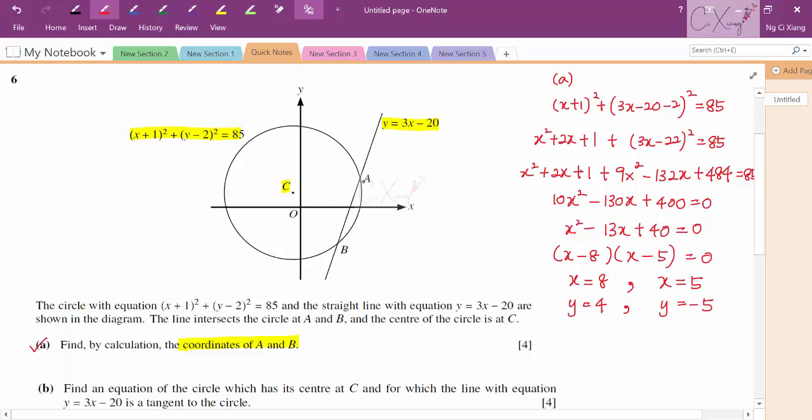Observe the location of point A and point B on the diagram. We can conclude that A is the point (8, 4), then B is the point (5, negative 5). So these will be the coordinates for A and B.